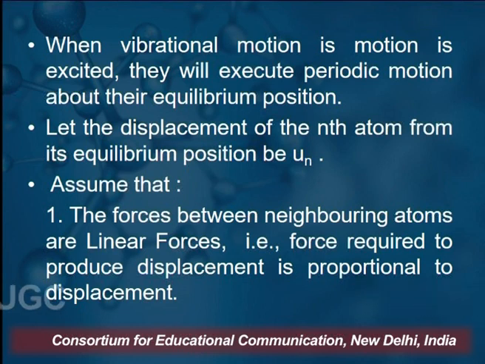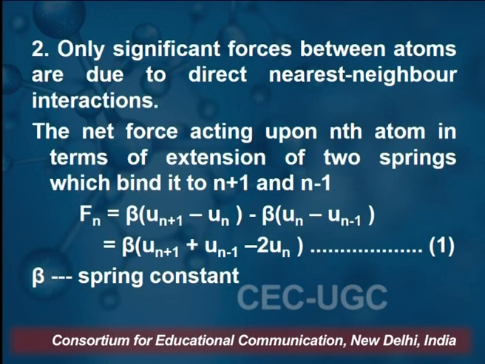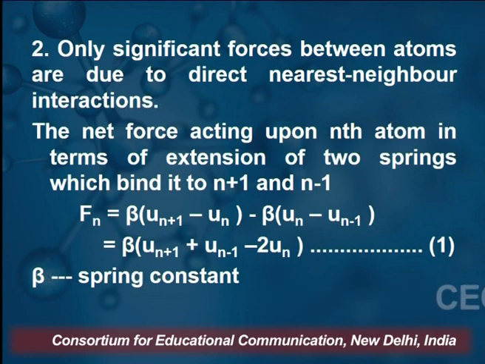That is, the force required to produce the displacement is proportional to the displacement, as the atoms are connected by ideal Hooke's law springs. The second assumption is that the only significant forces between the atoms are due to direct nearest neighbor interactions. That means, on the nth atom, the force will be exerted only by the n plus 1th atom and the n minus 1th atom.